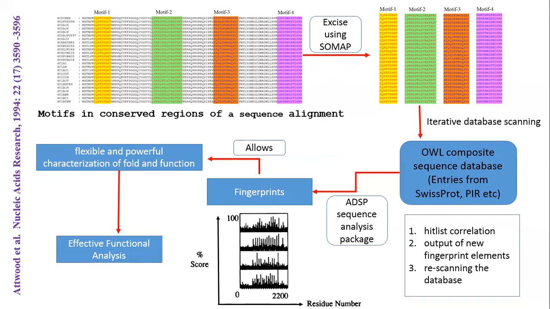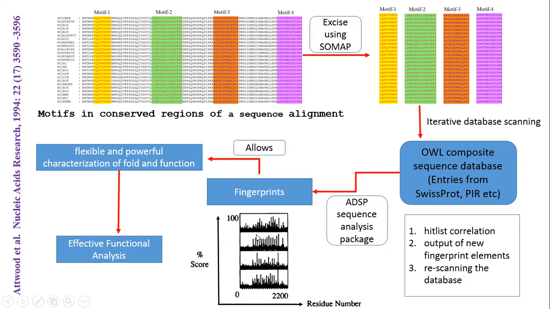Okay, more conserved are the motifs, higher would be their score. And now, instead of comparing these sequences, we would end up comparing these fingerprints, which are mathematical representation of these motifs. And hence, comparing numbers is quite more efficient than comparing the sequences as such.